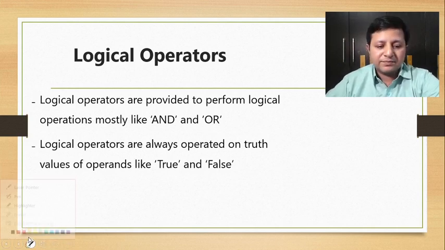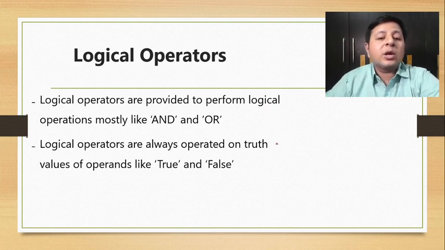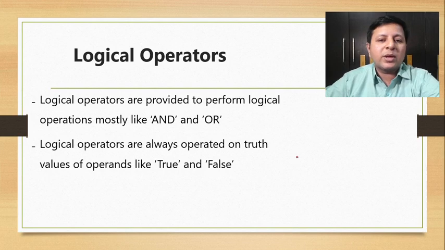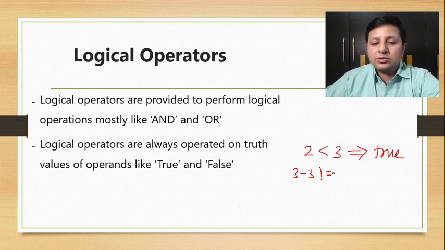Now what it means, I'll tell you. It always tries to work with the truth value. We are going to take examples, but I'm just going to explain what the truth value is. Suppose I have an expression 2 less than 3. Then the truth value of this particular expression is true. Obviously 2 less than 3 is true. Suppose I have an expression 3 minus 3 is not equal to 0.